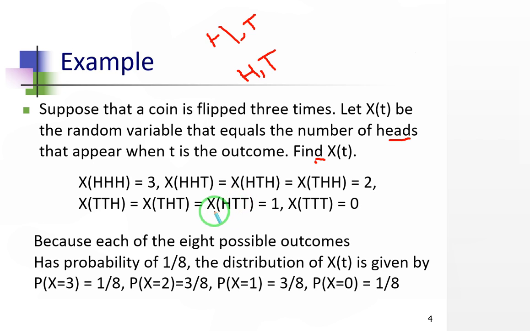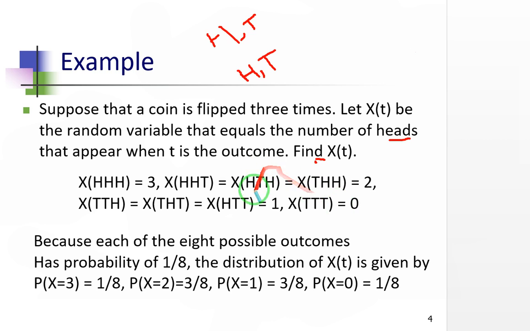Then a head, tail, tail. How many heads do we have? 1. In this kind of section, we flip the coin, we have a tail, flip again, tail, flip again, tail. So what should be the count of heads? 0 here, because 3 times we received a tail.